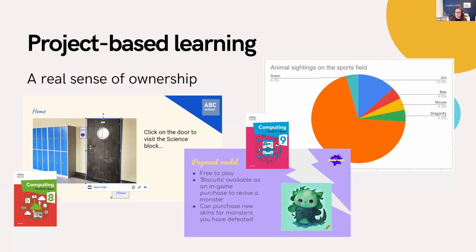We try to bring in real world context when appropriate. So the part on the left, which is from book 8, is again, and this one is actually part of a slideshow as well, where students create a virtual tour. So they could create, this one is particularly a virtual tour of a school, but that is open again to real world.